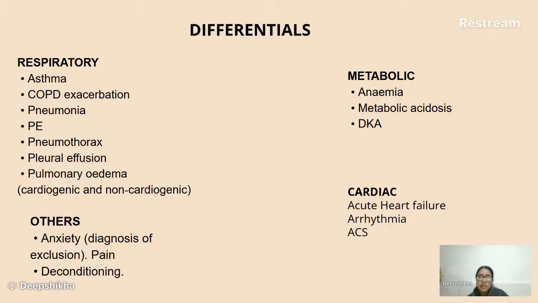So I've discussed 3 cases: COPD exacerbation, pulmonary embolus, and pulmonary edema, which I think are probably the most common ones, but there are also other ones to think of. So asthma, pneumonia, pneumothorax, pleural effusion, and then also think of cardiac causes: acute heart failure, again as a result of pulmonary edema, and then arrhythmia, ACS.